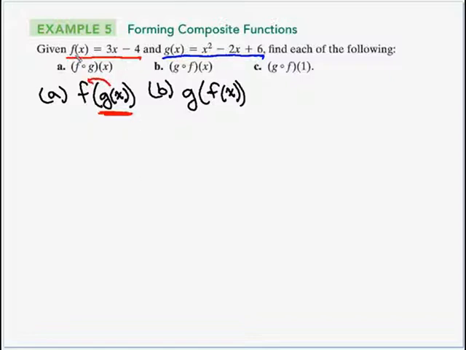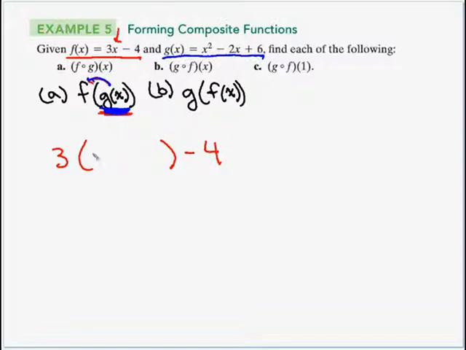So let me copy the f function, leaving out the x's. I'm just going to leave it as a gap. So f of x was 3 times something minus 4. Again, this was 3x minus 4, but now the x is gone, and I'm going to replace that x with the entire g function.